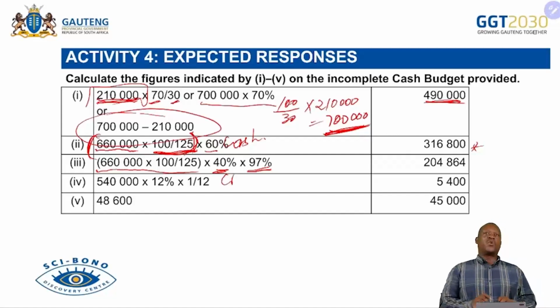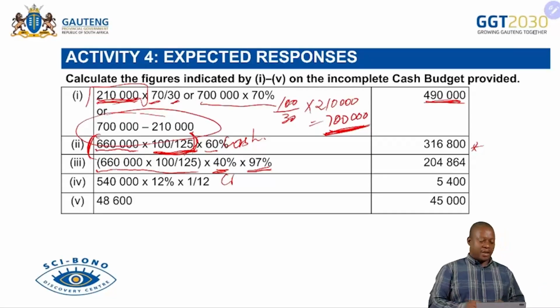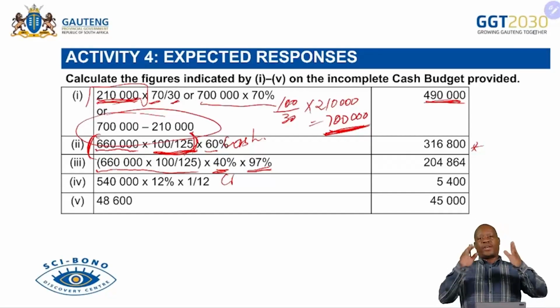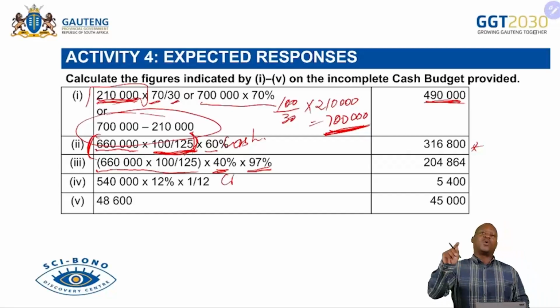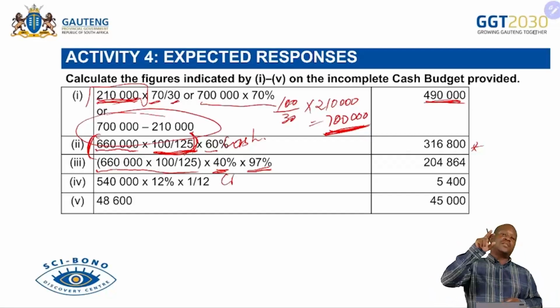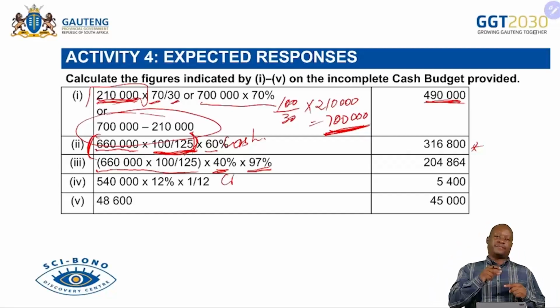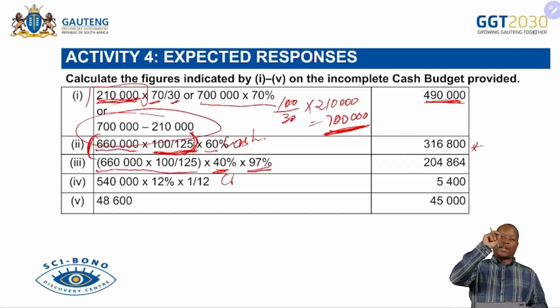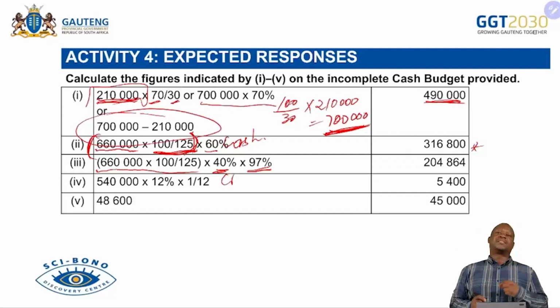As long as you know what should be your end result, then you can be in a position to deal with it. But I will never overemphasize the fact that when it comes to this topic, there is always a relationship between your sales and your purchases. When you are given the sales for January, you can use it to find the purchases for January. The link is your markup.